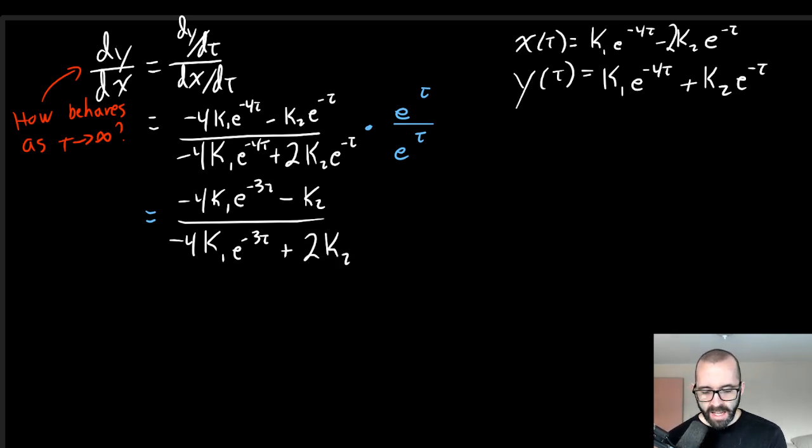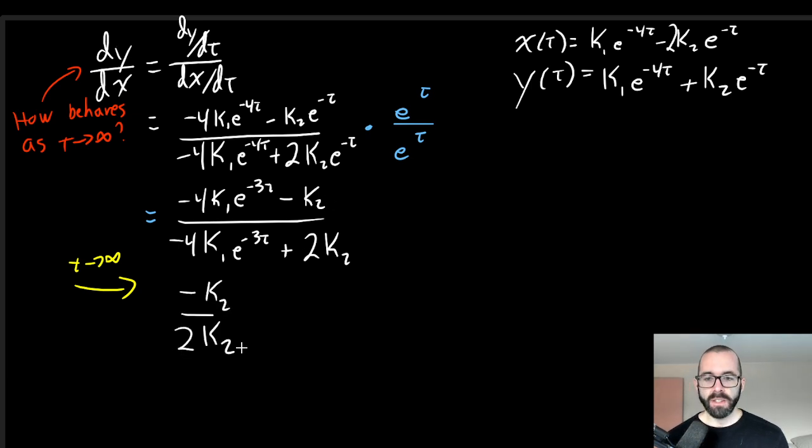And now we can see that, yes, as t goes to infinity, these go to 0, and we do get -k2 over 2k2. So how does this help us? This says we can also use calculus to answer the question of which eigenvector, which straight line, are we approaching from as t goes to infinity?